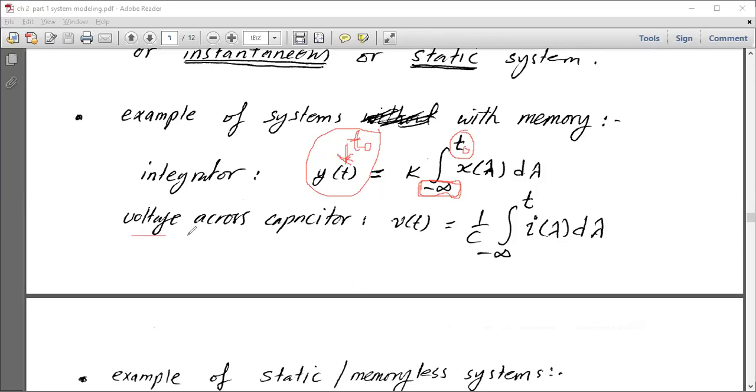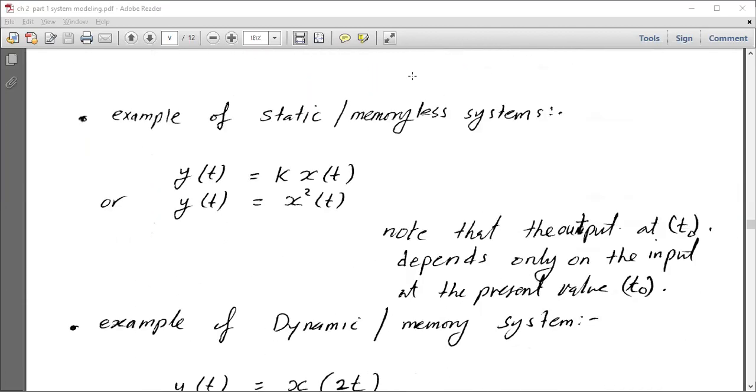The same applies for voltage across a capacitor. So the integrator is a memory system. The system takes the input signal, integrates it, and gives the output. So this is a memory system. Is it clear? Let's proceed.